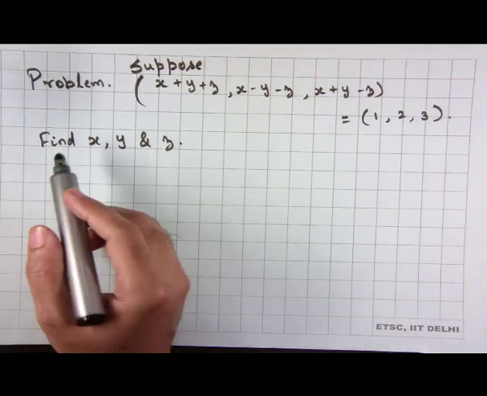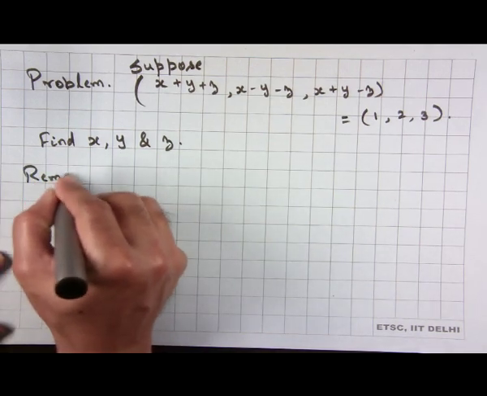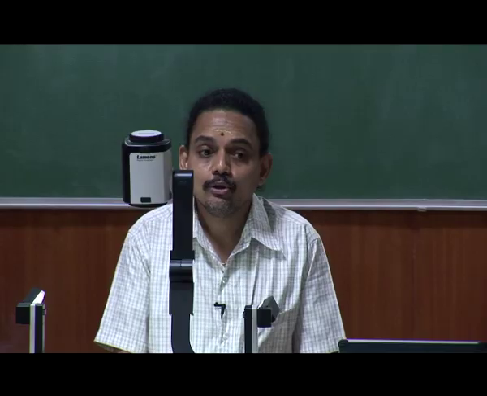So, how to solve this problem? Before I proceed with the solution, let us make one more remark which is exactly the same as what we remarked for the case of Cartesian product of 2 sets.